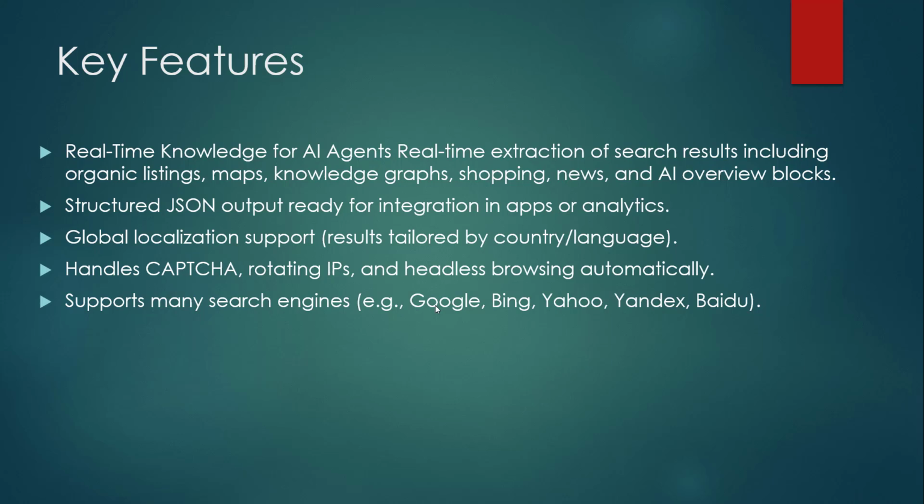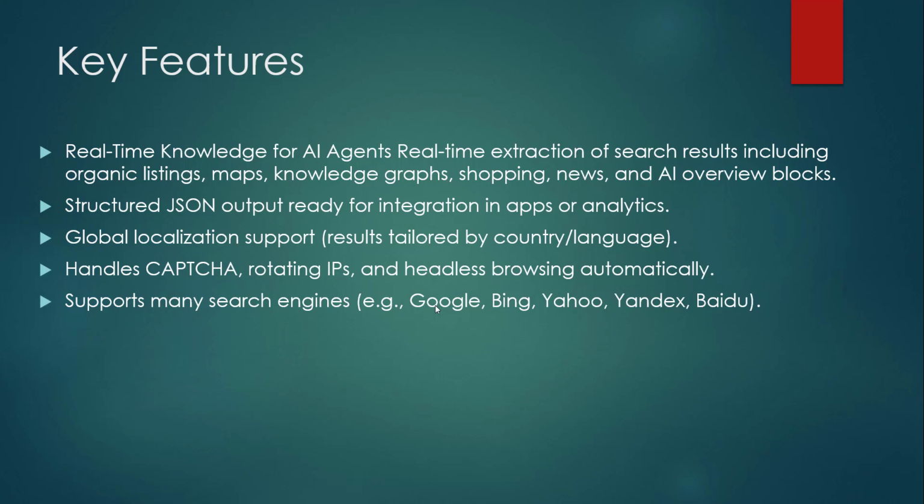The next point is what the actual key features of SERP API are. First, real-time knowledge for AI agents: real-time extraction of search results, including organic listings, maps, knowledge graphs, shopping, news, or AI overview blocks. Whatever we want to search on Google, we can get from this API.